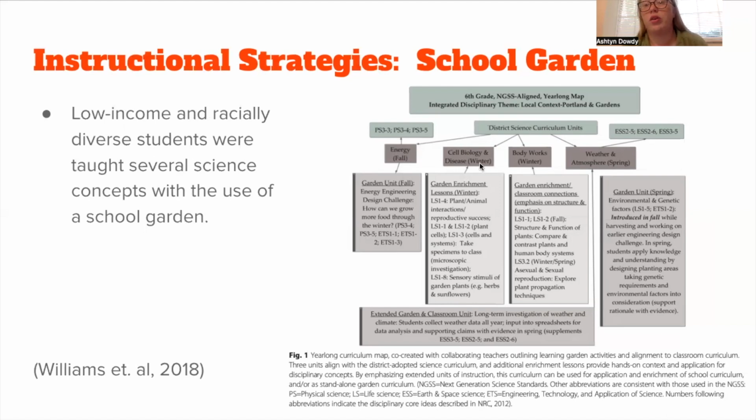You move into the winter, where you look at cell biology, disease, and how the body works, and in the spring, you're looking more at weather and atmosphere. Down here, it goes into the specific standards that each of those covered. The standards referenced here are from the NGSS, which are very similar to our standards here in Georgia, the Georgia Standards of Excellence. This is what that was referring to, and how these teachers and researchers implemented these things for that purpose.